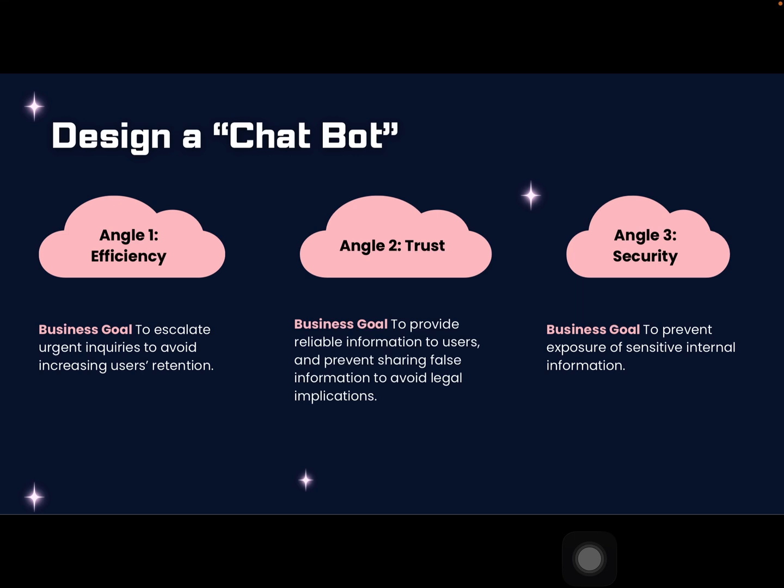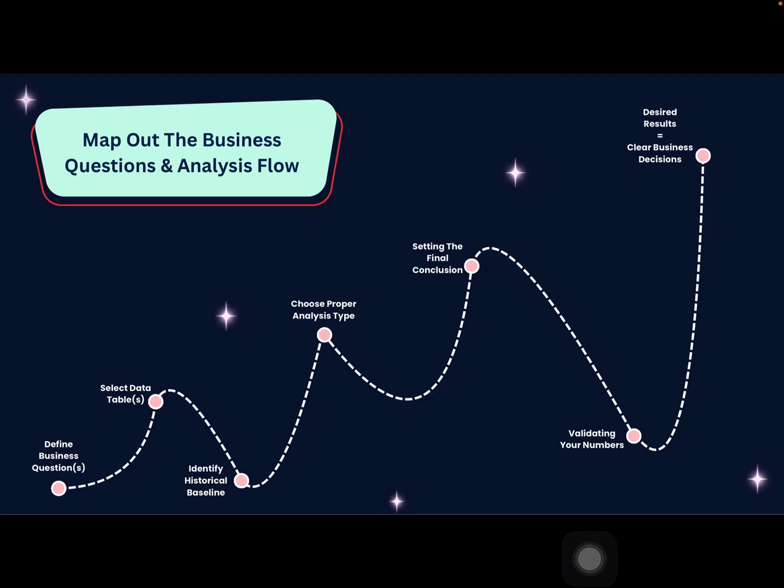Why do we have to ensure this and make it a priority? It protects the company's reputation and avoids malicious attacks, regardless of whether the bot is being fast, slow, scripted, or improvising. Perspective number one, efficiency. Perspective number two is trust. And finally, security.